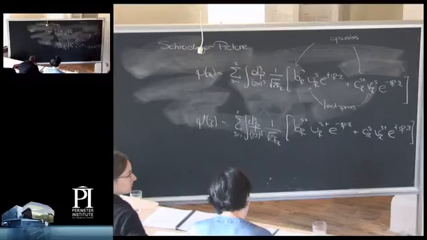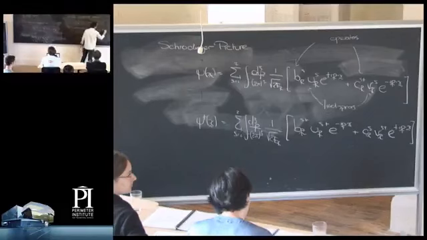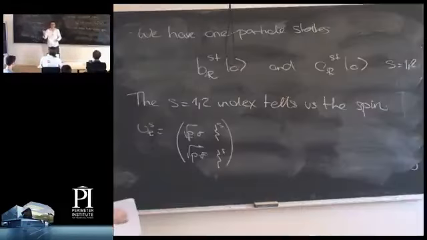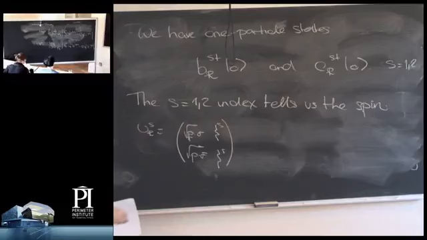So the s equals 1, 2 index tells us the spin. You could ask, spin in which direction? If it's spin up, I really mean spin up in the z direction or in the x direction. It's usual quantum mechanics. So that information is sitting in these spinors here. Let me give an example, and then hopefully it should become clear.